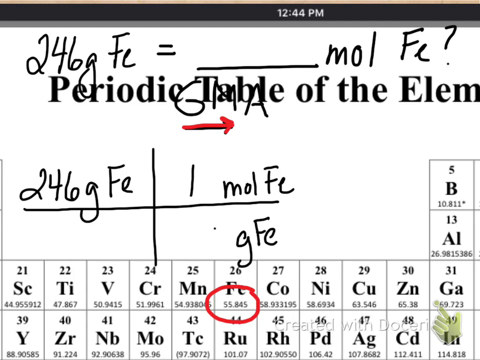So 1 mole of iron atoms has a mass of 55.85 grams of iron. And actually, we should probably go ahead and use all of the digits that the periodic table gives us. So we'll make that 55.845 grams of iron.